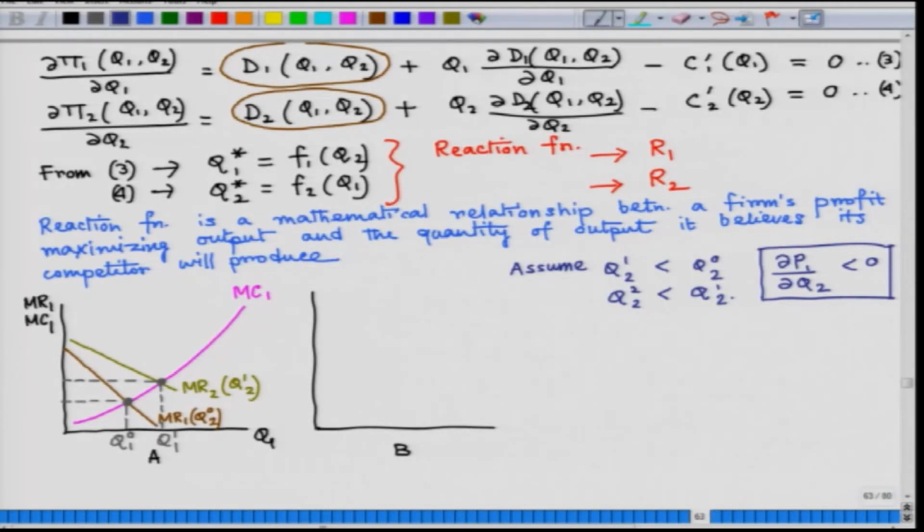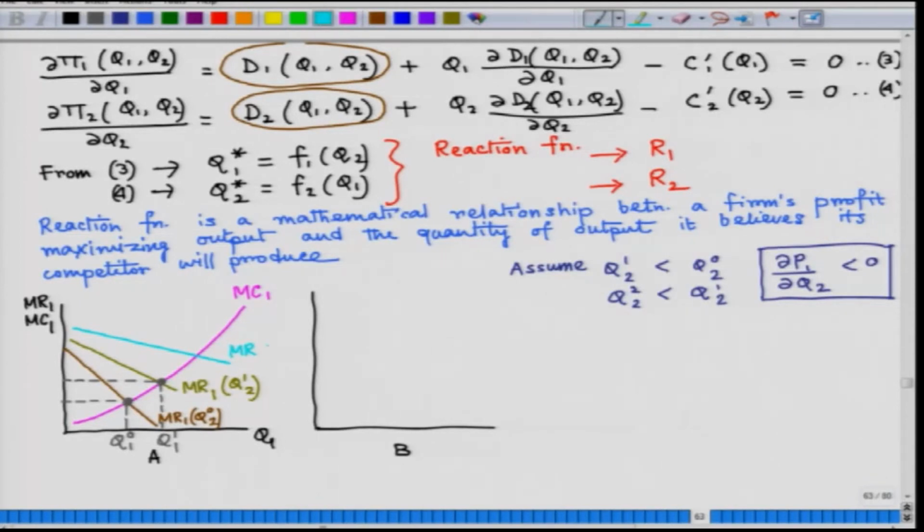If that happens, then we can have another round of shift in demand, and correspondingly my marginal revenue curve shifts also, and these shifts are all towards the right side. So, there will be MR2, okay, sorry, I made a mistake here, it should be MR1.